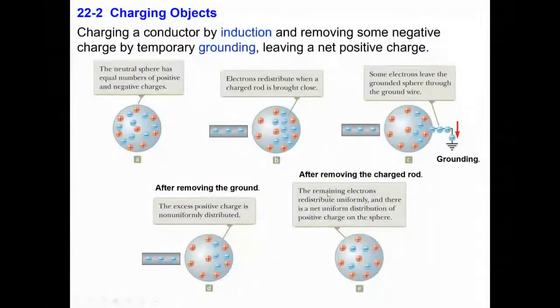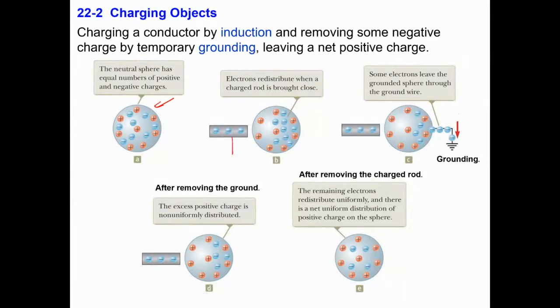Now here we are re-explaining grounding. Okay, so charging a conductor by induction and removing some negative charge by grounding. So what we can do, let's assume we start with a sphere that is neutral. It's a conducting sphere, but the positive and negative charges are uniformly distributed, so there is no net negative or positive charge.